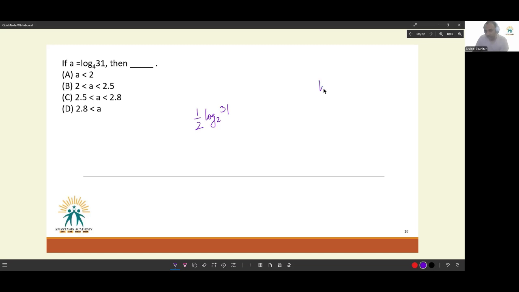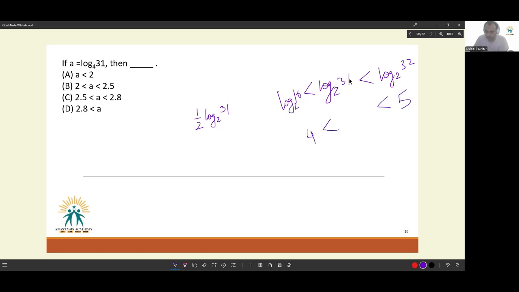Now log 31 to the base 2 will be less than log 32 to the base 2 and will be more than log 16 to the base 2. Log 32 to the base 2 is 5. Log 16 to the base 2 is 4.